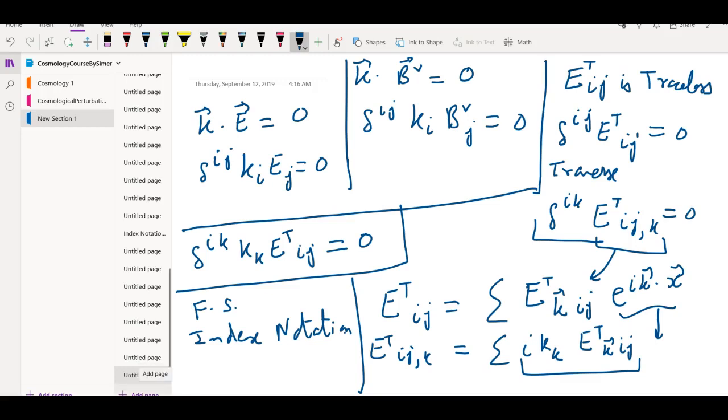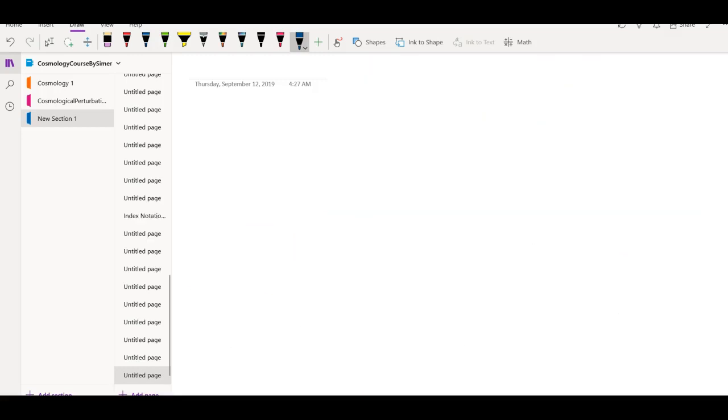Now next we would like to see how we can put all these perturbations in the perturbed metric tensor. So we have delta g_mu nu.